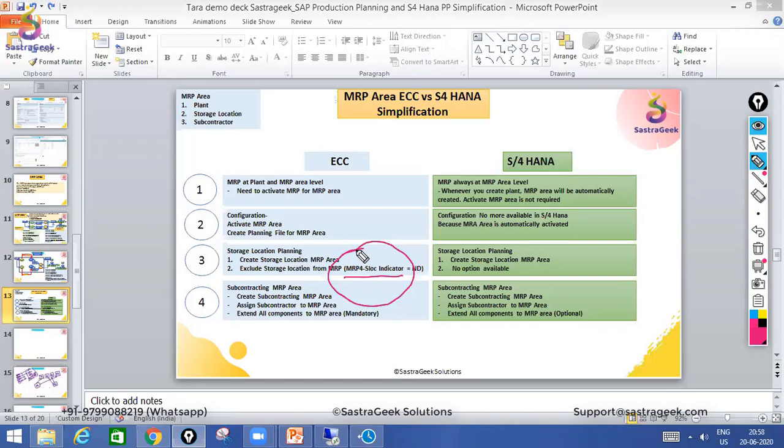So that indicator you need to activate was available in ECC. Once you activate that, this MRP4 is constant for both the storage locations, right? Yes. If you do it, it happens for both storage locations. Not for one. Happens for both.